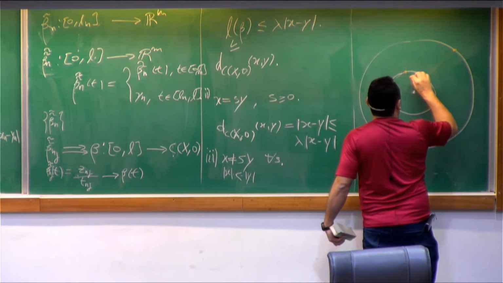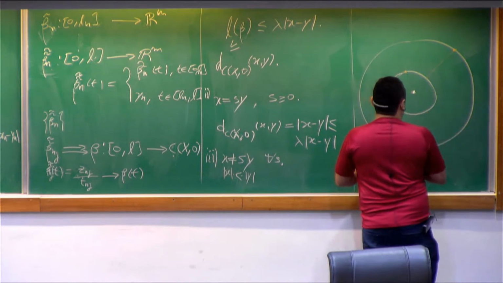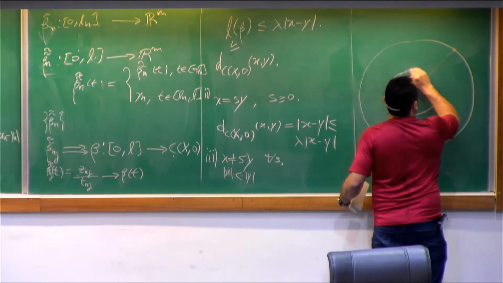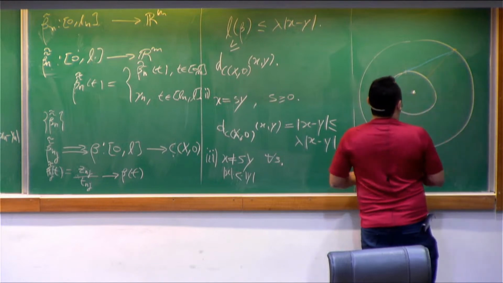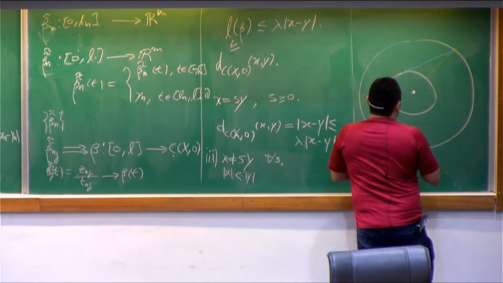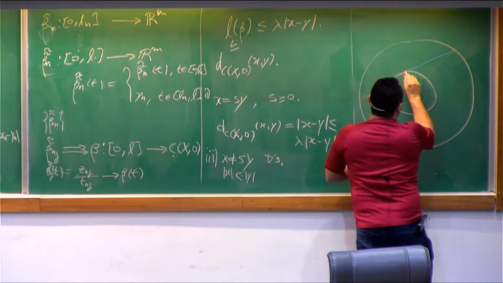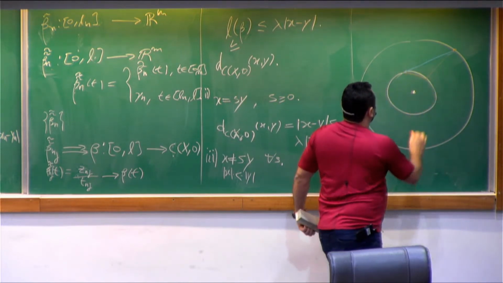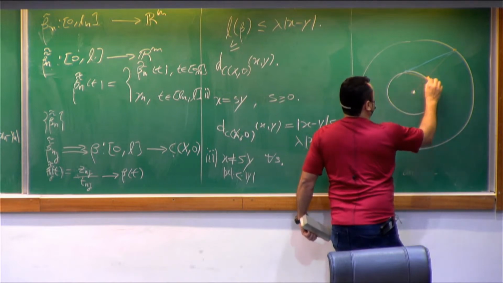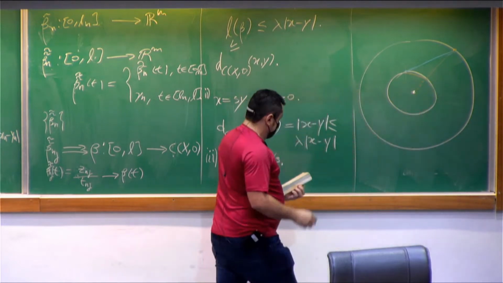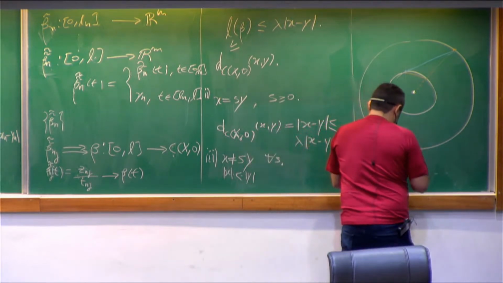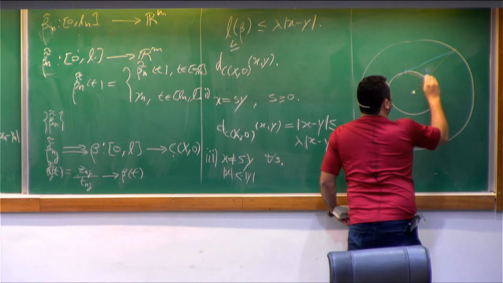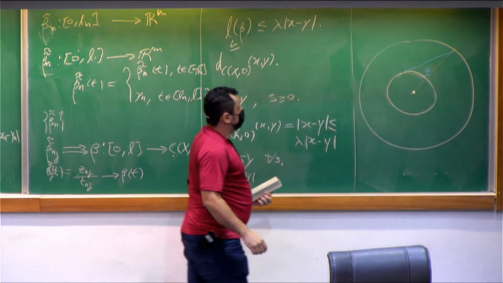So we have something like that, and something like that as well. So this is the radius of that. So we have this angle here, this angle theta, for example.